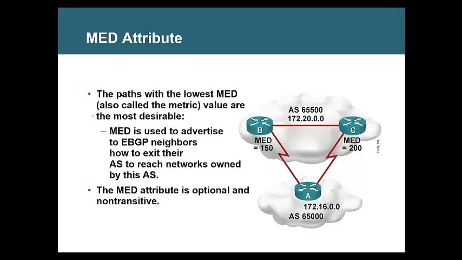So what do we understand in this picture? Autonomous system 65500 will receive traffic like this, because 150, lower, is preferred.